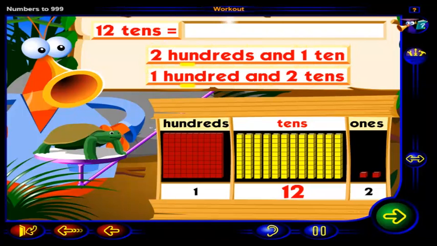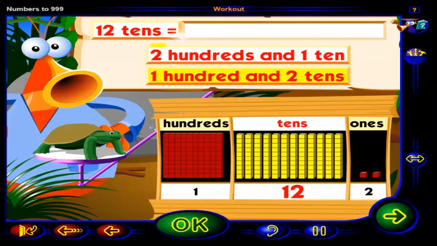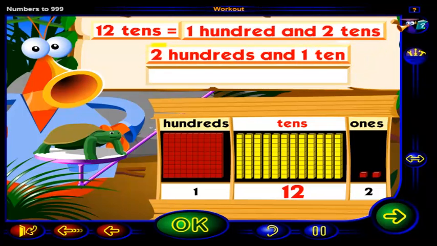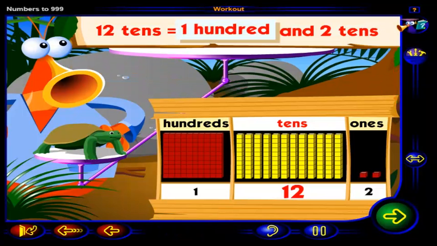Drag your answer here, then click OK. That's right. There is 100 and there are 2 tens in 12 tens.